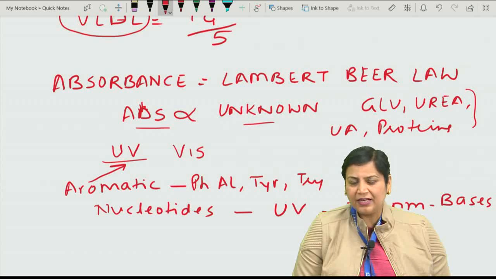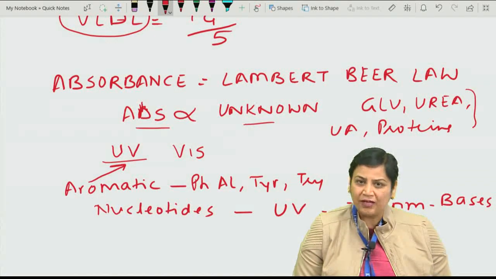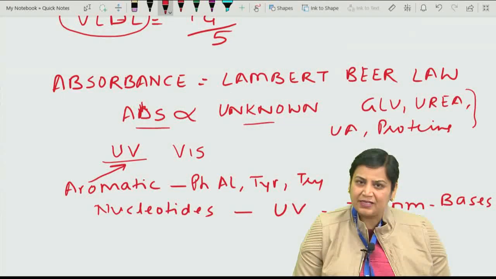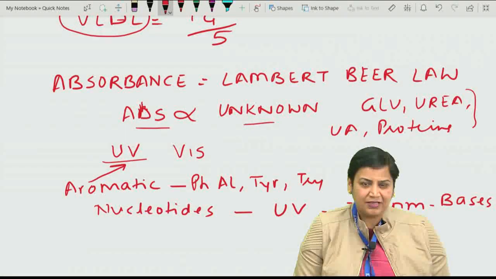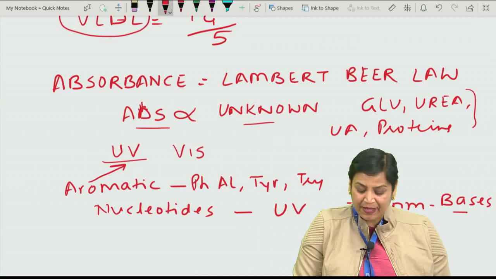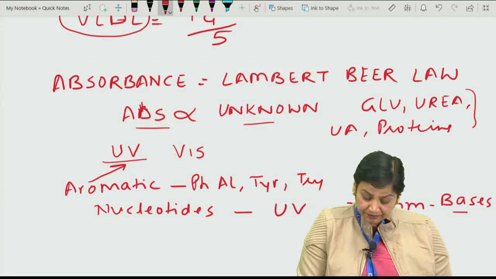If we talk about DNA, it has hydrogen bond between the bases, phosphodiester bond between sugar and phosphate, and glycosidic bond between the sugar and the bases. The main difference is only in the composition of the bases, rest is same. So bases absorb at 260 to 280 nanometers.